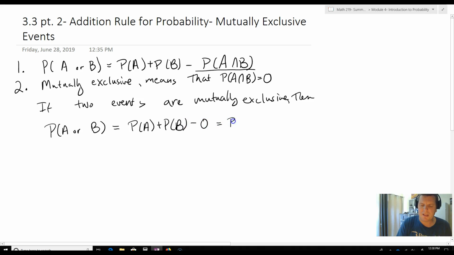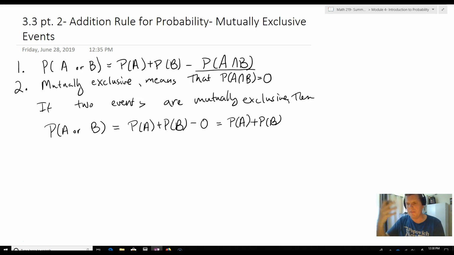So it's going to end up just being the probability of A plus the probability of B. So that actually makes computation a bit simpler because we don't have to worry about removing the double counting because there's no intersection.